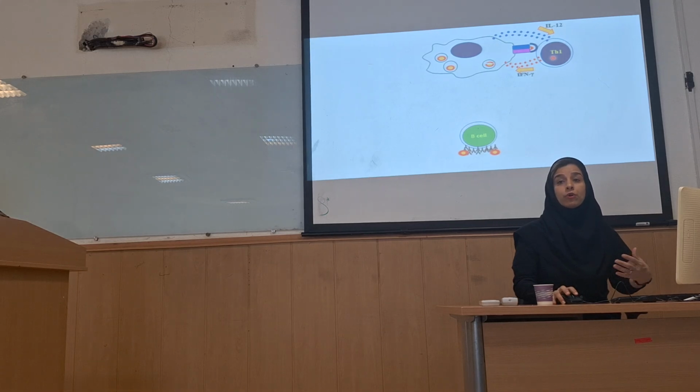Interleukin 2, I told you, is an important cytokine for the production and proliferation of lymphocyte T cells. These cells are also able to produce interferon gamma, and interferon gamma affects macrophages and enhances phagocytosis and killing activity of macrophages.